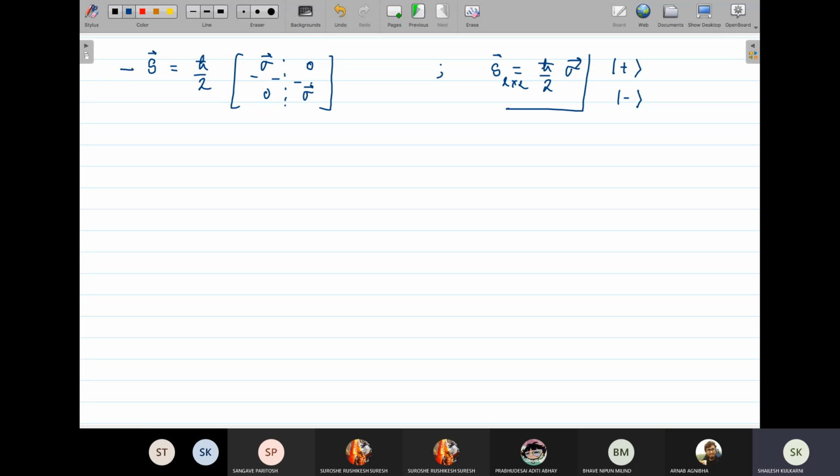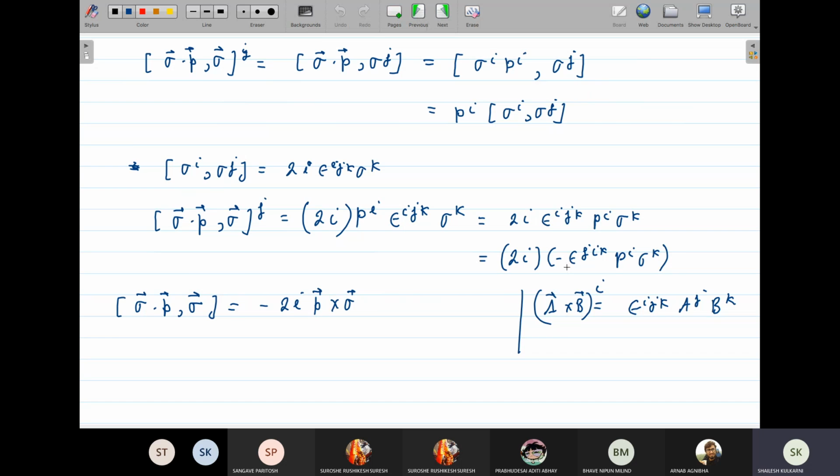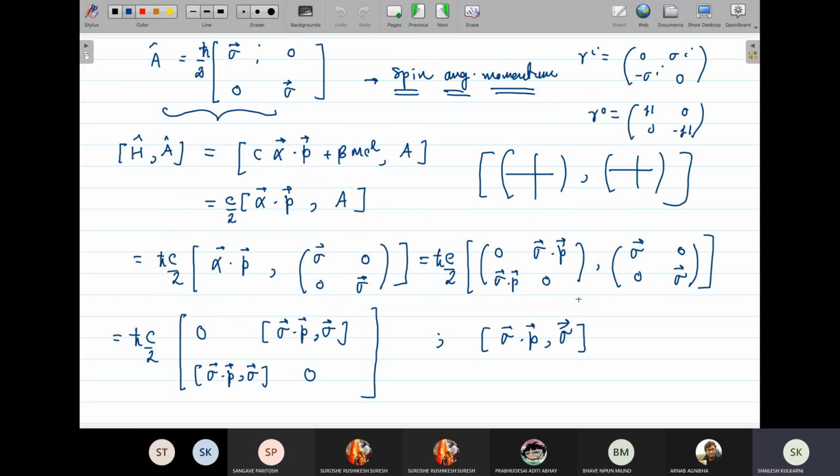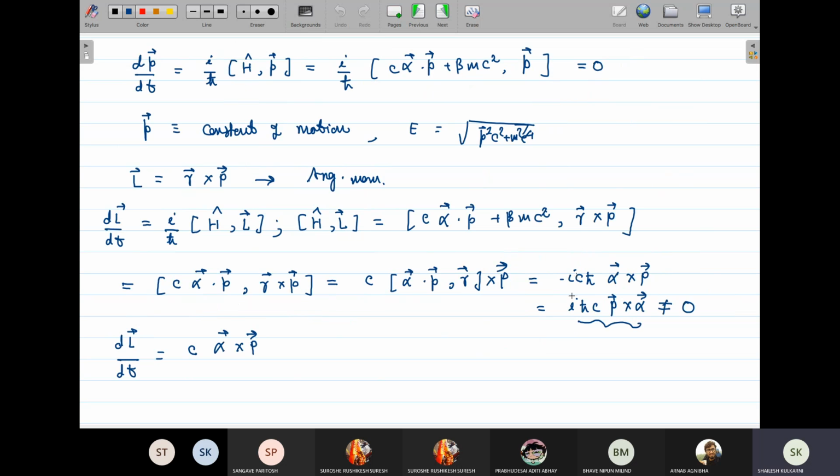Further, this addition of S to L is not ad hoc. We define this total angular momentum J, which is L plus S. We have a clear guiding principle for what to add. I have the free Hamiltonian, and I demand rotation invariance.